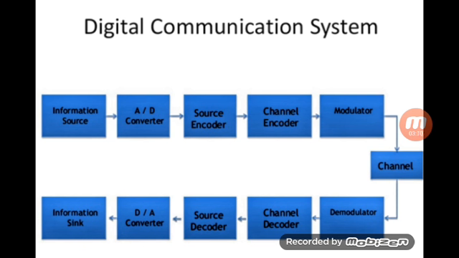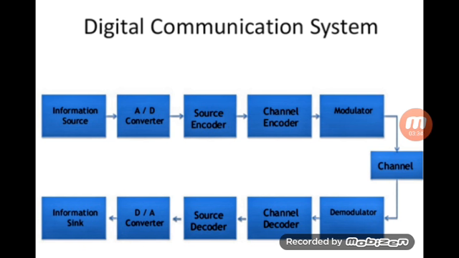The D by A converter performs the reverse operation of the A by D converter. That means the digital signal is converted into an analog signal, and then the final information moves to the information sink or destination.